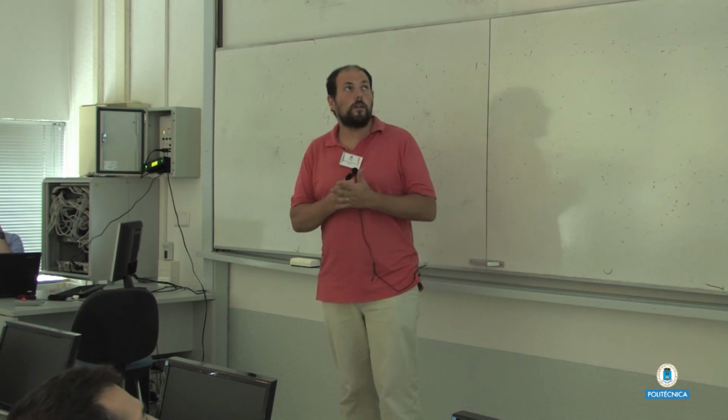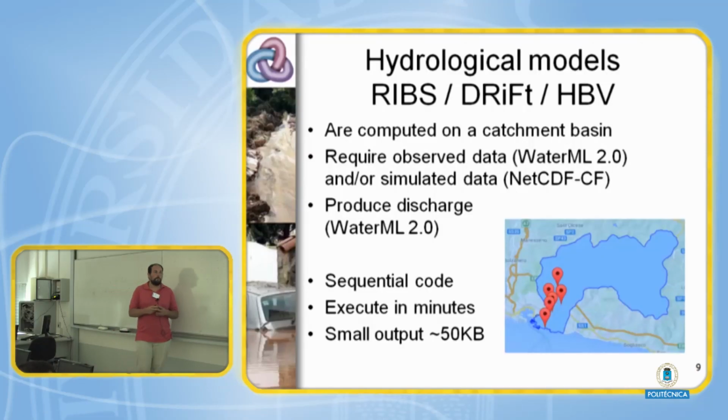Let's move to the Hydro models. In this case, we have to consider that besides the model engine, the executable files, we need a configuration. We need to instantiate such a model engine on a particular basin. So we have RIBS for Bisagno catchment, RIBS for Muga catchment, and so on, and the same for the other models.